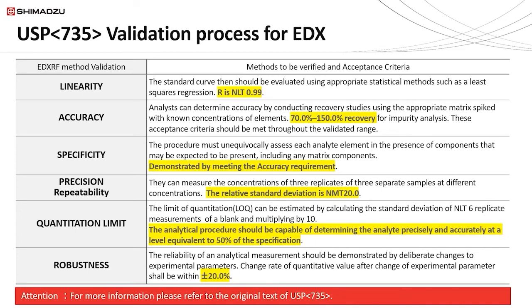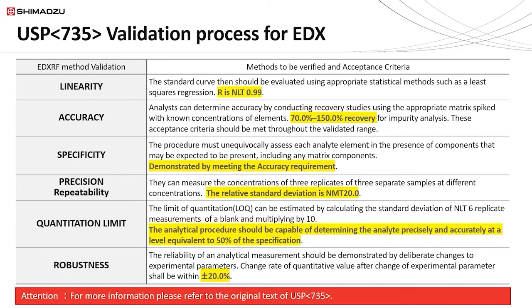And finally, the robustness. For a lack of better words, it is: can you deliberately change the experimental settings, or basically screw around with the instrument, such that the change rate is very low or within plus or minus 20%.